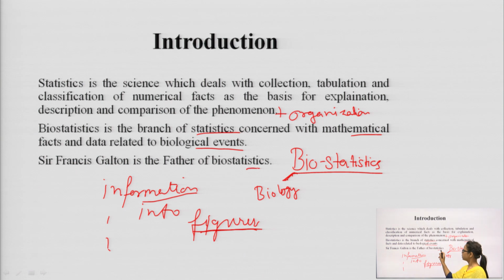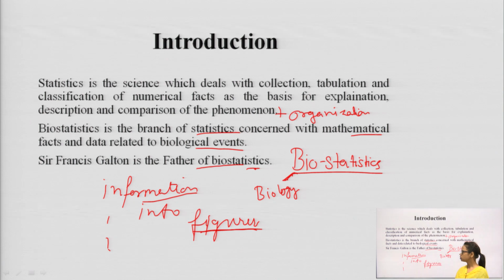Next, first of all, we should talk about the history of biostatistics, how biostatistics came into existence. Here, Sir Francis Galton is known as the father of biostatistics. Why?